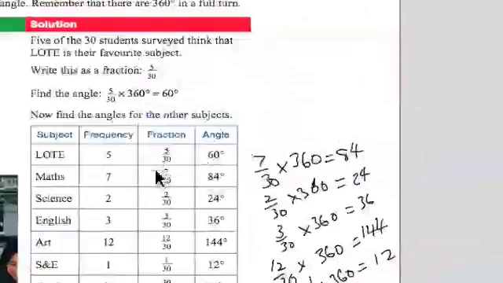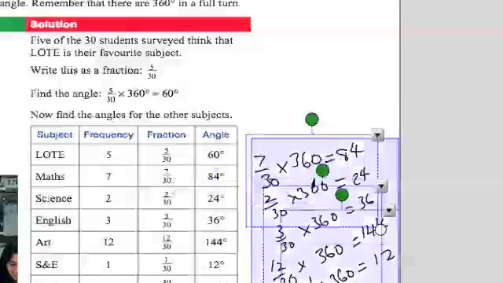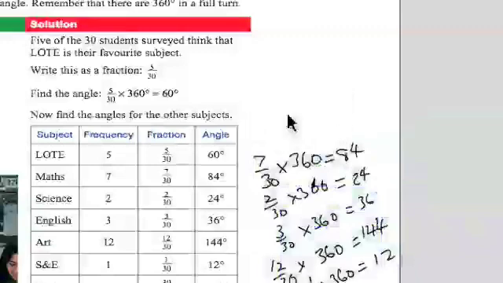And then 7/30ths of a circle, 7 divided by 30 times 360 equals 84. So 7/30ths is 84 degrees. And I've done the other calculations there for all these other tables here.